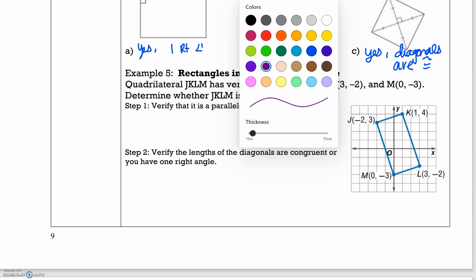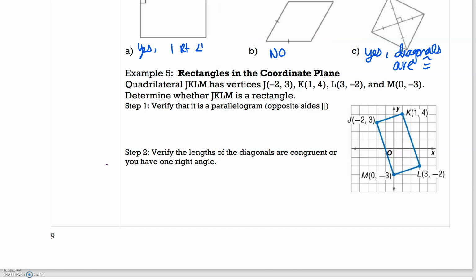You can also double check and just find their slopes and find one right angle with the sides. If you don't want to have to calculate length, you could just do your slopes of this side and see if it's a right angle. So that might be a little bit easier.